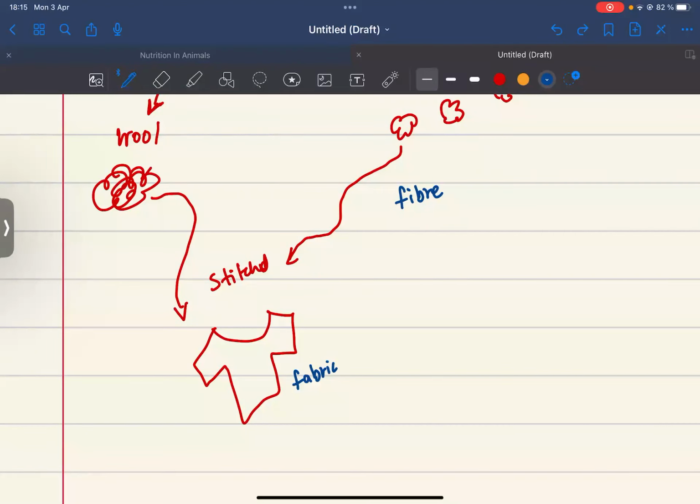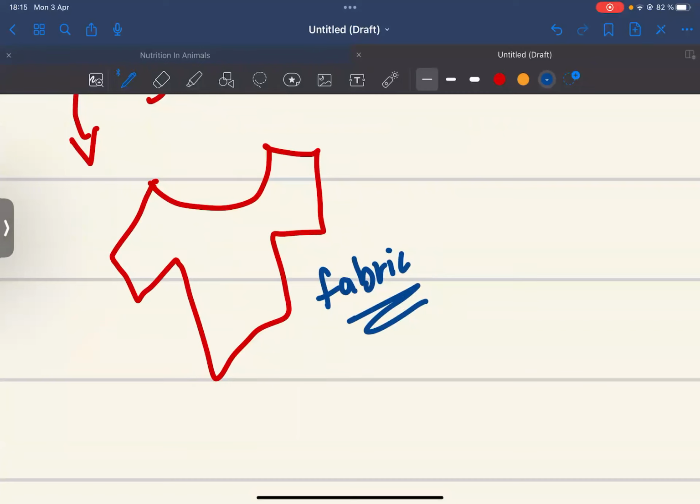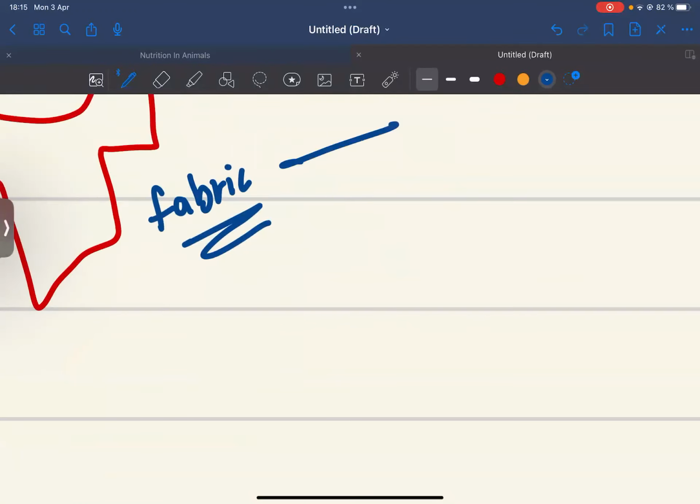Now when you're going to buy in a shop, they will give you different types of cloths. One will be cotton material, one will be polyester material, one will be synthetic, one will be silk. So fabrics are of different types.